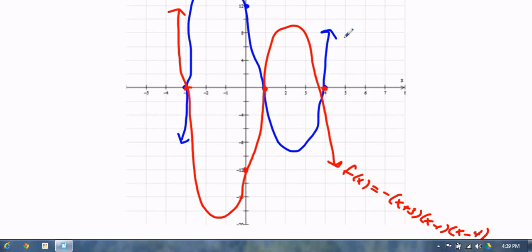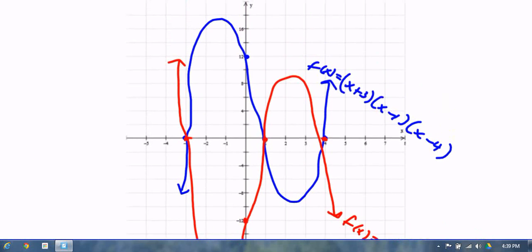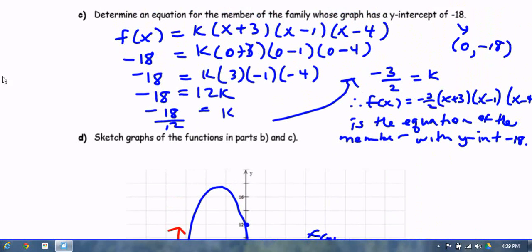This one here is f of x equals x plus 3, x minus 1, x minus 4. And the next one, I'll do it in green, has, let's just see, what's the y-intercept? We already were told the y-intercept was negative 18, right?